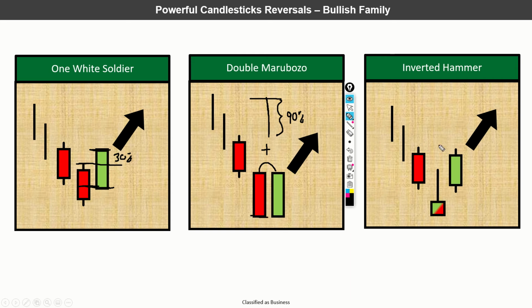Now on the right hand side is also where the bears attempt to bring the price down, but it couldn't go any lower, and the price just stops over there. It's like a hammer resting on the floor, an upside down hammer, right? So when it gaps up the next day, the bull starts to take control.